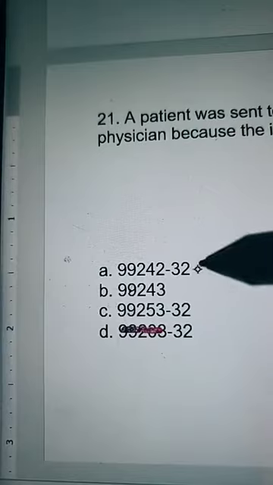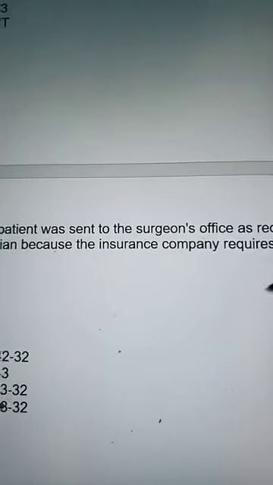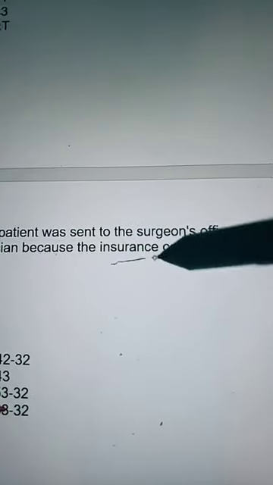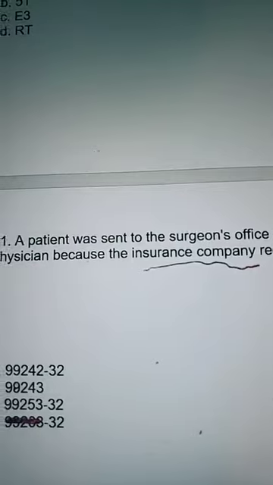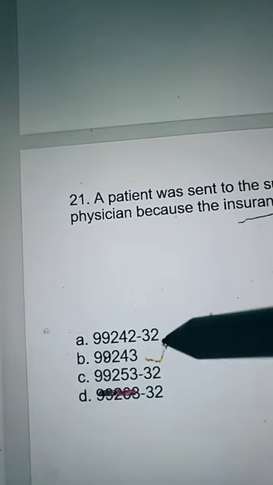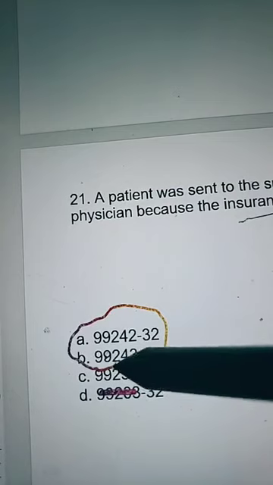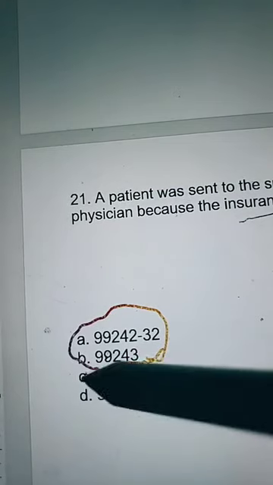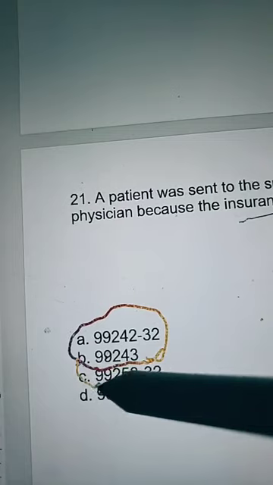So we're going to take a gander at this question. We do see it says second opinion. This one says for an insurance company sent them. So knowing what you know about the consultations, when it says an MD sent them, well, it'd be for all of them, the in-hospital one too.